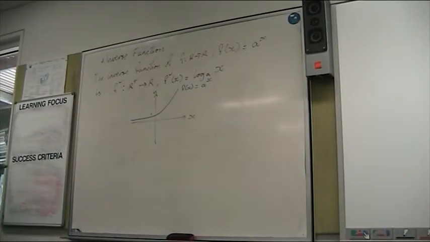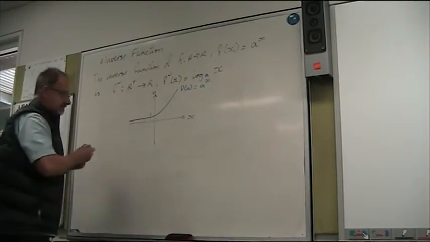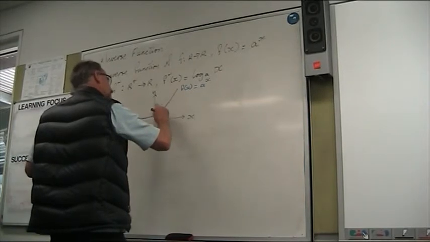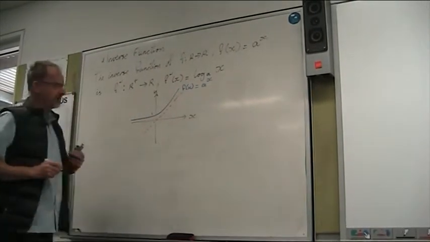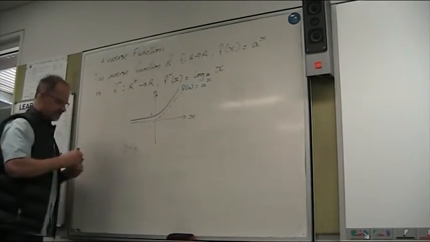If these are inverses of each other, we can get inverses by reflecting in the line y equals x, can't we?